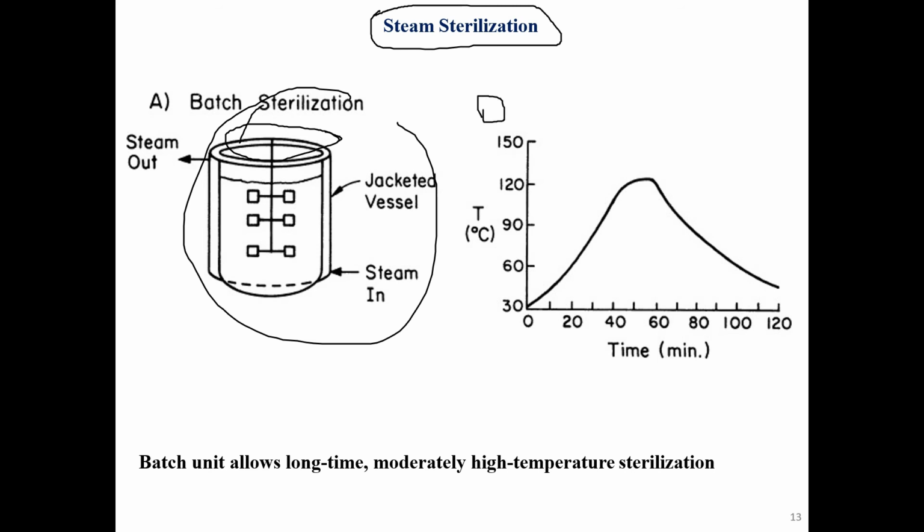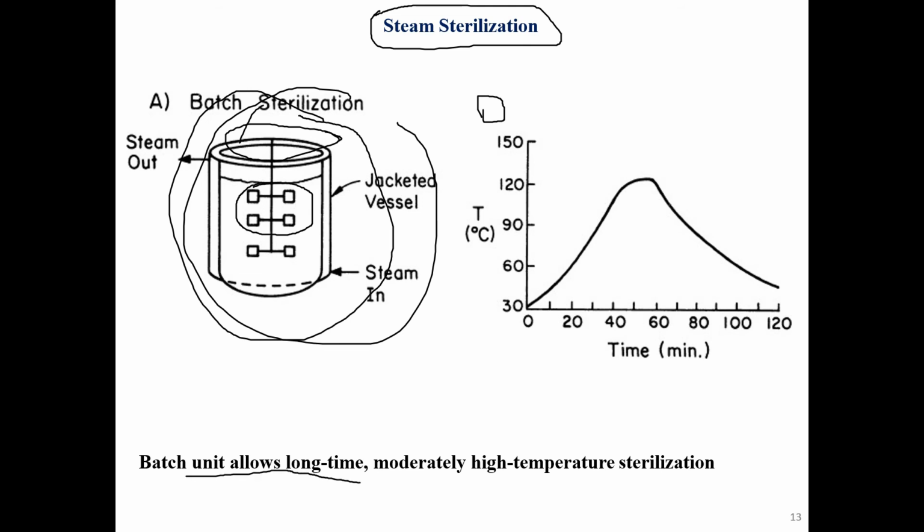This machine reaches a temperature of 121 degrees Celsius in about 15 to 20 minutes, and it sterilizes the entire cells or the entire compound we have kept in. After the sterilization has been done, we can take out the stuff we have put in and do our work accordingly.